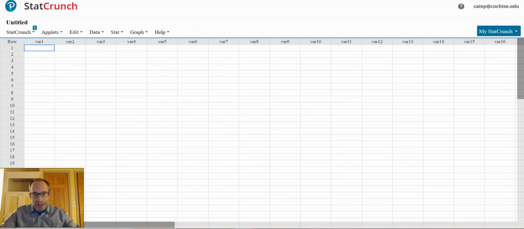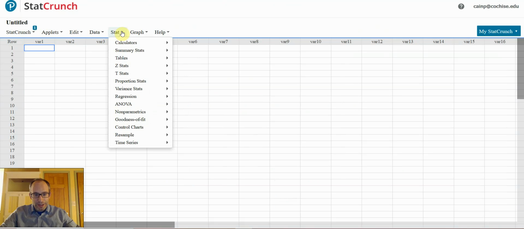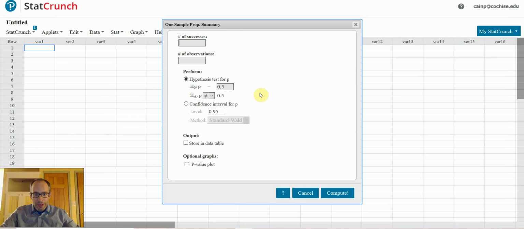What you would do in StatCrunch is you go to Stat, then where it says Proportion Stats, you go there, then one sample because it's just for a single proportion. And then if you go to with summary, then where it asks for the successes and the observations, the number of successes would be your numerator, although that's assuming that you've got your proportion written out as a fraction, which we didn't have, right?